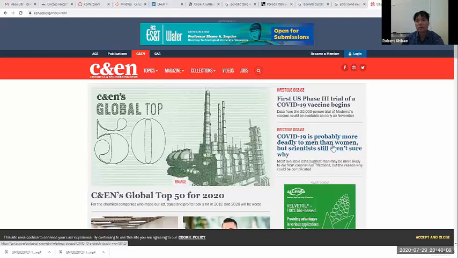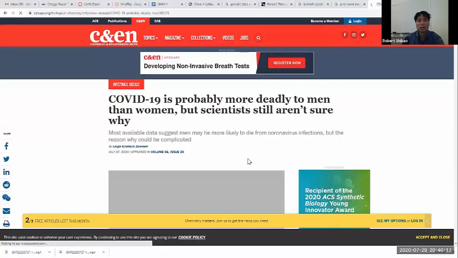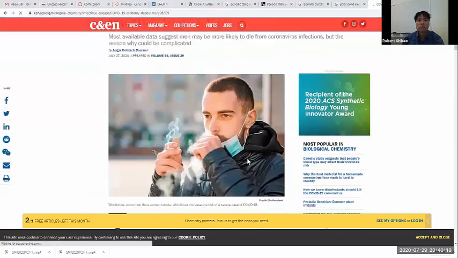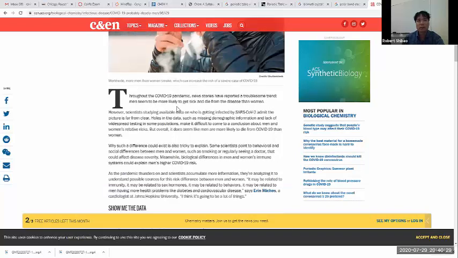COVID-19 is probably more deadly to men than women, but scientists still aren't sure why. There have been some hypotheses regarding why. I've seen some of those hypotheses of why men are more at risk. But it's interesting.